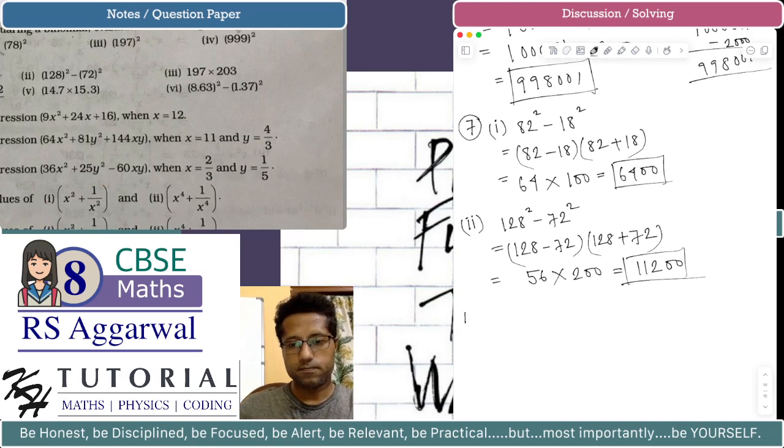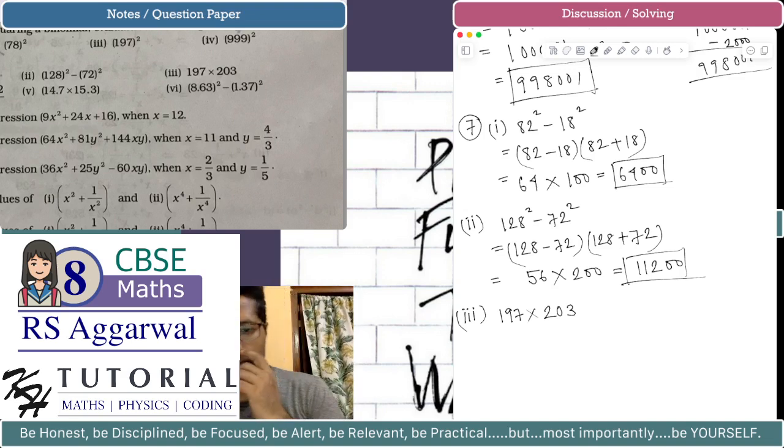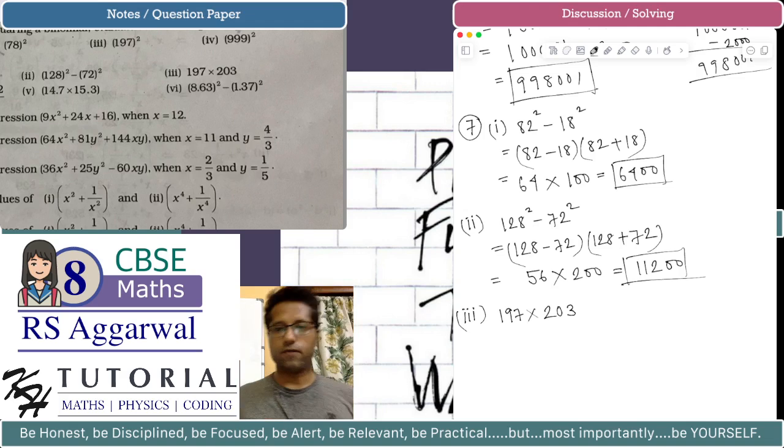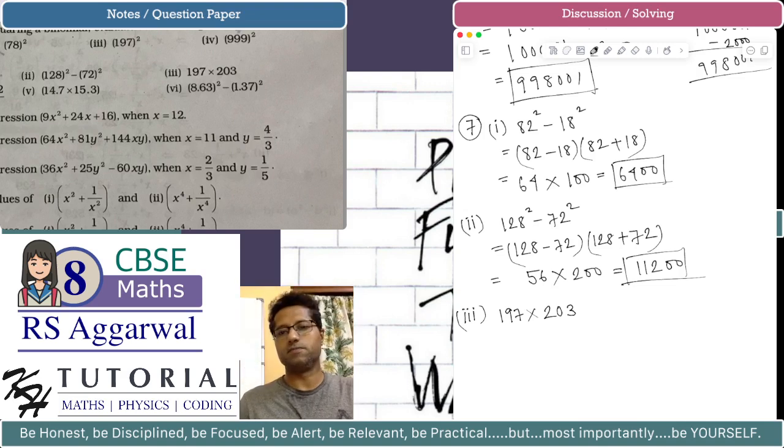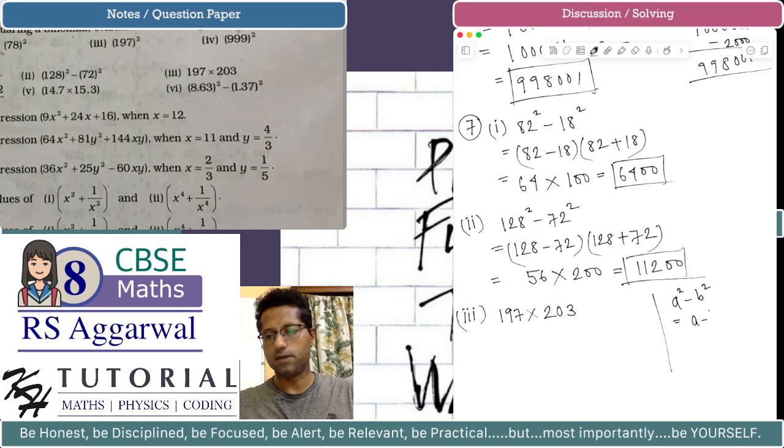Part 3 is 197 multiplied by 203. Now it is a product of two numbers. Definitely you have to express the product of two numbers as a square minus b square, just like we know that a square minus b square is expressed as the product of two numbers, that is a minus b multiplied by a plus b.